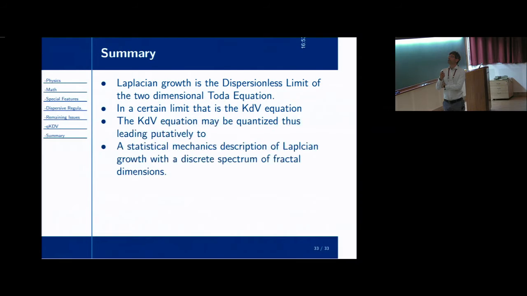And this quantization leads to conformal field theory and a statistical mechanics description of Laplacian growth, which holds a promise, at least, to allow us to find the discrete spectrum of possible fractal dimensions for this problem, which is, of course, the holy grail of this field. But this is still very far from being established.